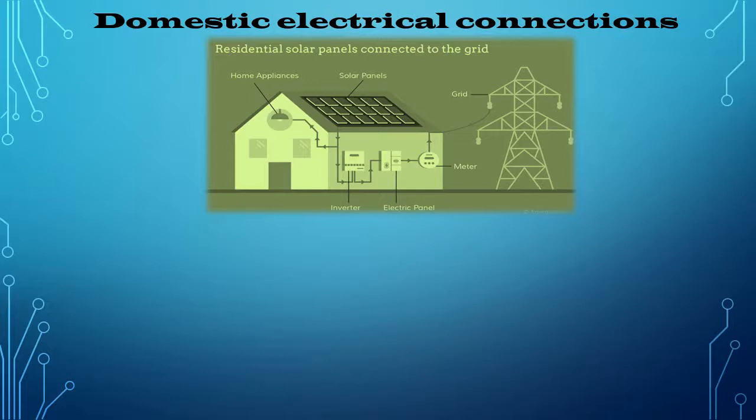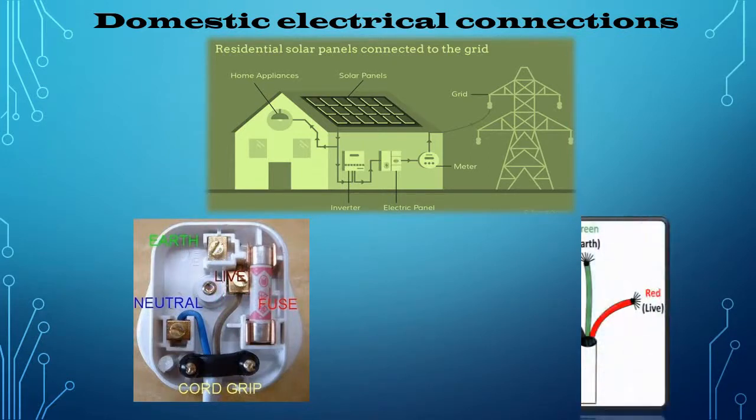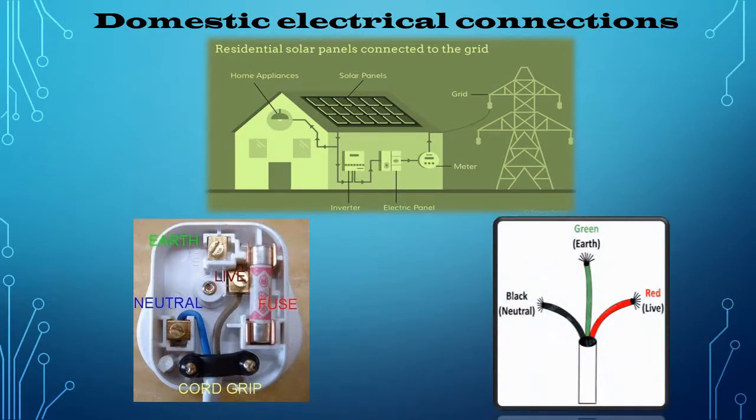In our homes, either the overhead electric poles or underground cables support the power supply flowing through the main supply. One of these wires in this supply covered with the insulation in the color red or brown is the live wire, and another wire colored blue or black is the neutral wire.